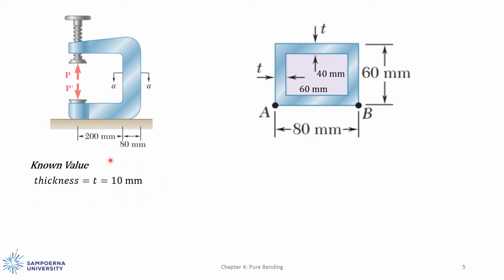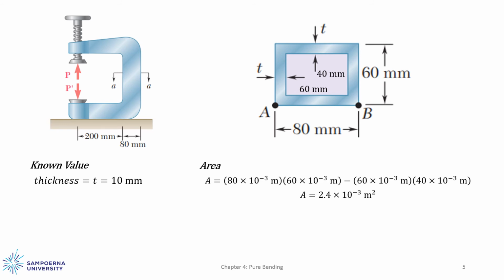Therefore, we can find the inside dimension of this rectangular section, which is 60 millimeter and 40 millimeter. Then we can find the area, which is the area of the large rectangle minus the area of the small rectangle.